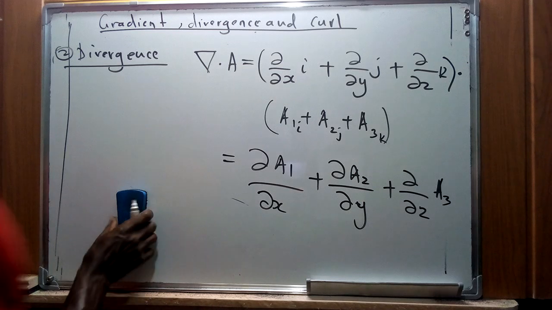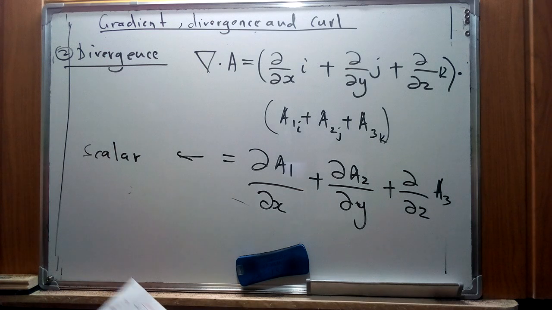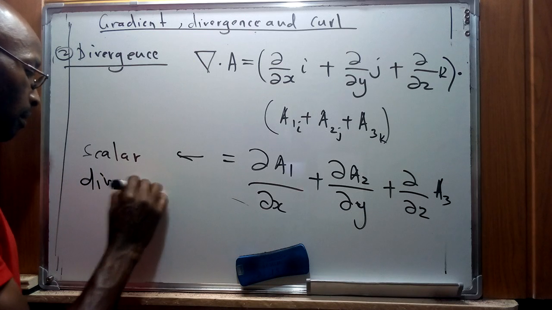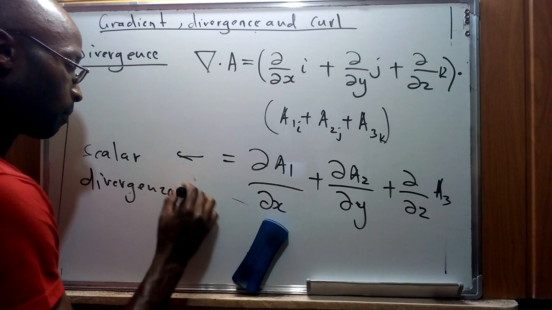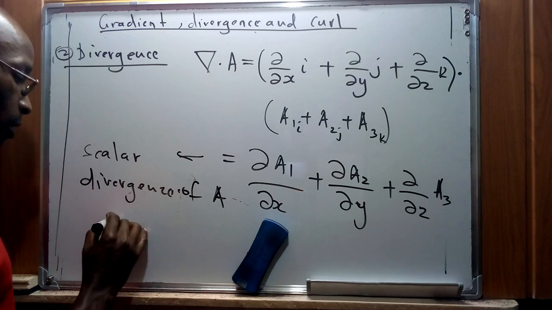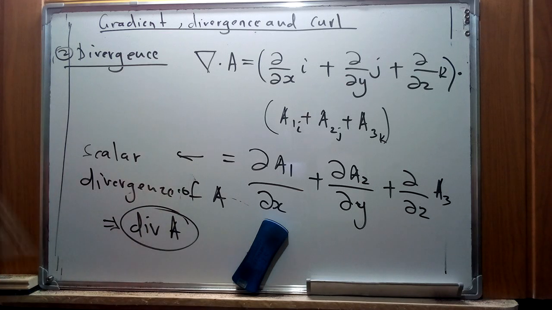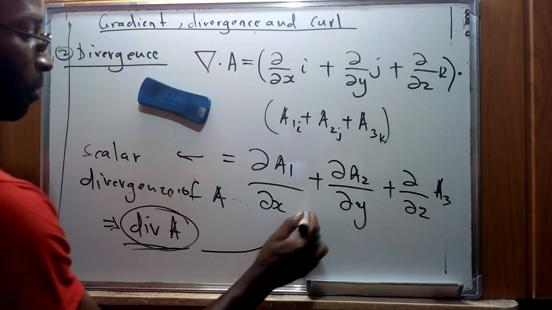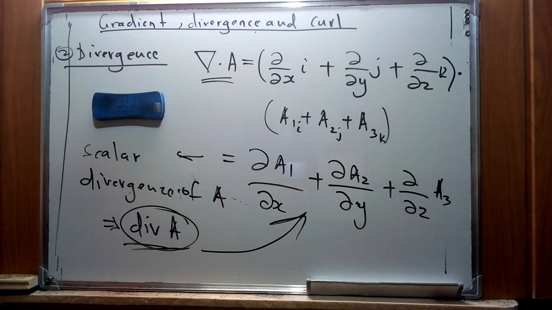So basically this is going to give a scalar product, which we refer to as the divergence of this vector A, represented as div A. So div A will represent a divergence, which is a product of del and the vector A, which gives us this equation that we have indicated on the board.